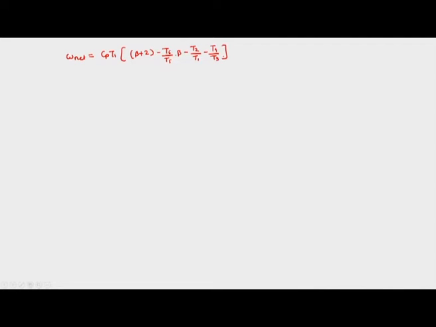So here again let us consider what we had considered earlier, that T2 by T1 is equal to T, T4 by T3 is equal to T, and T5 by T6 is equal to T.